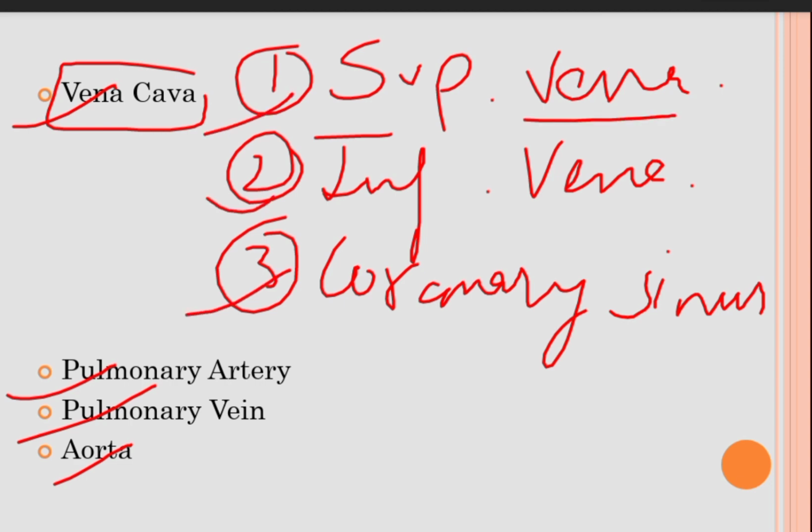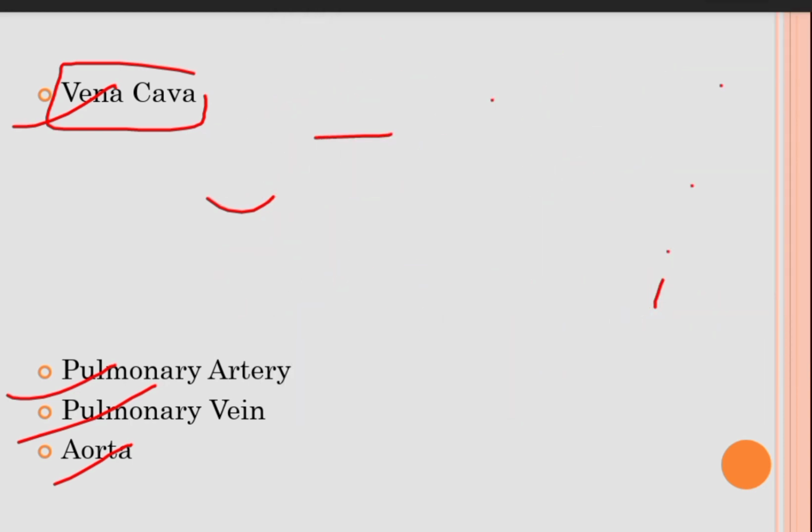Superior vena cava carries the deoxygenated blood from the upper parts of the body, and the inferior one carries the deoxygenated blood of the lower parts of the body, and the coronary sinus brings the deoxygenated blood from the walls of the heart. Clear?